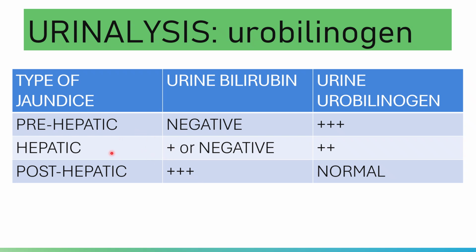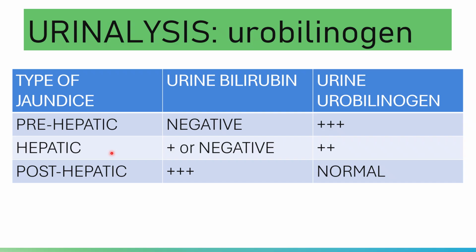In case of hepatic jaundice or liver damage, hepatitis, or diseases of the liver, in the early stages of the disease, the stool color is pale. In cholestasis, the stool color is pale.